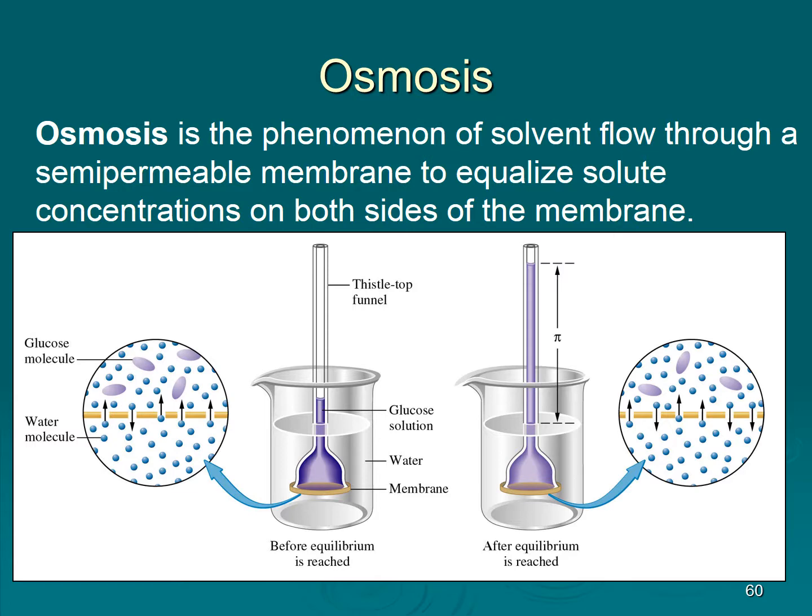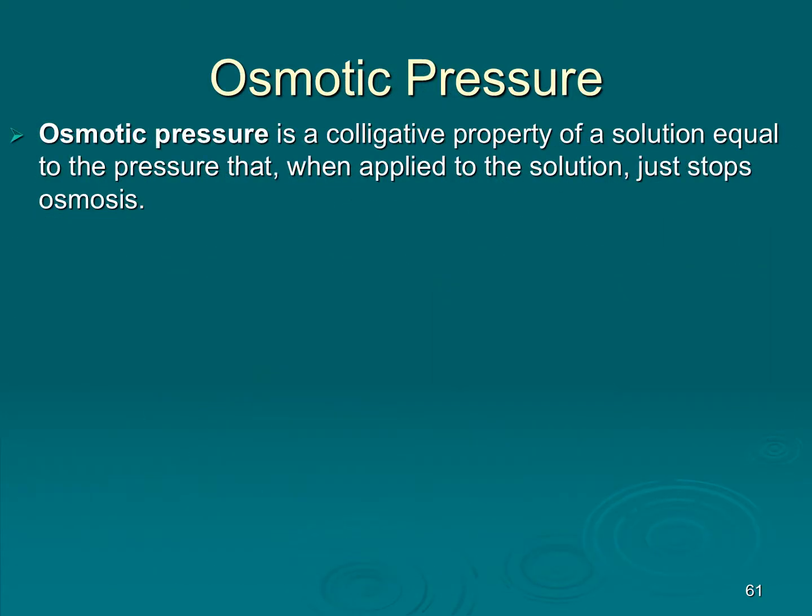Now, what is osmotic pressure? Osmotic pressure is a colligative property, and it's equal to the pressure that will just stop osmosis. If you think about the picture on the previous slide, if you were able to put some pressure on that column of solution to not allow it to rise, even though osmosis was occurring, you would have to literally push it back down, or put pressure on it to stop it from happening.